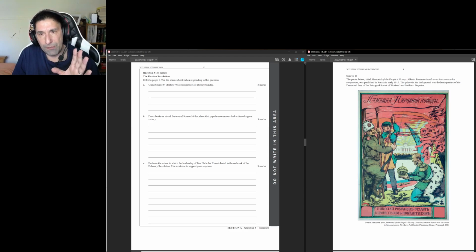The revolutionaries themselves, you can refer to the soldier holding one flag and then the worker holding the other flag. Both key players in the revolution.